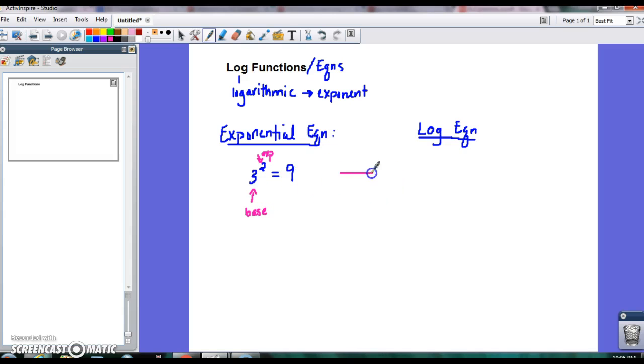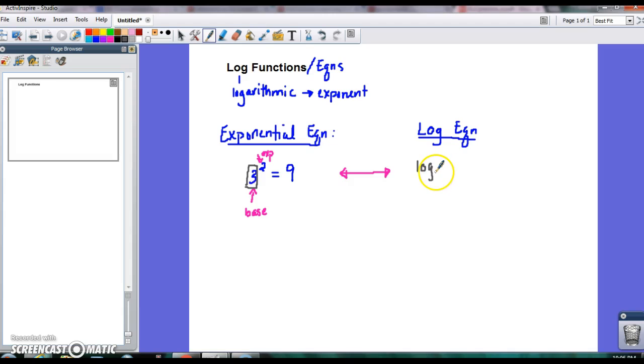Let me show you how you would actually rewrite this same exact equation in log form. This is actually really cool. First of all, you're going to use the word log in your equation. The next part we talk about is this base of 3.